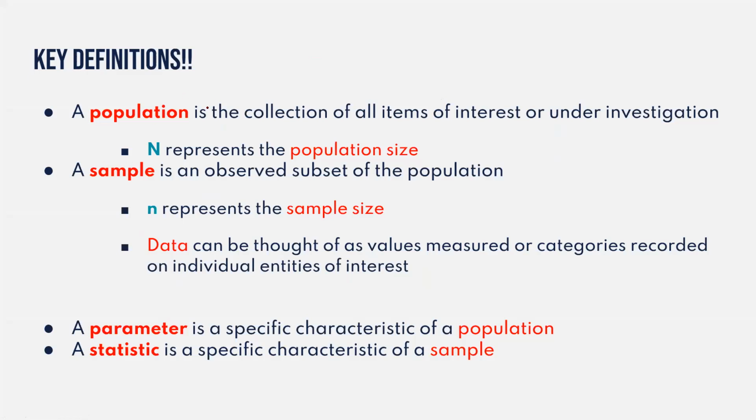What I like to think of a population as is a data set that has all possible values, all the possible data values. We let the capital letter N, a subtle but really important difference, represent the population size, okay?